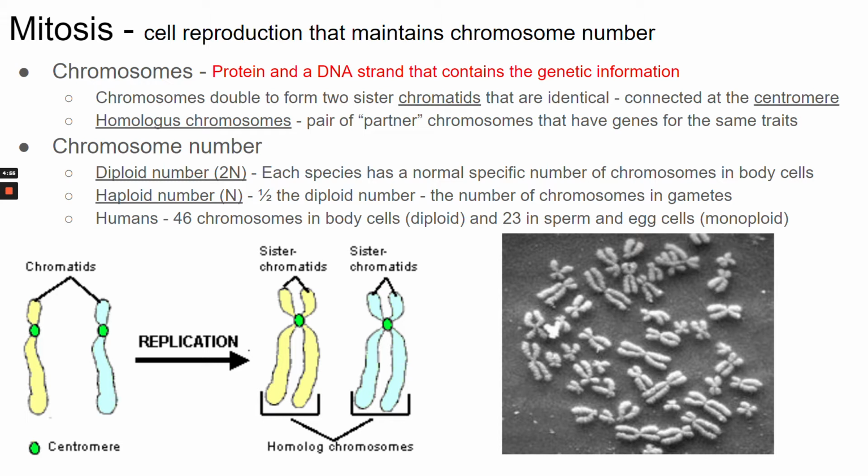Chromosomes also come in pairs. They come in sort of partners that are not necessarily identical. We call those homologous chromosomes, right? They're partners. So they have genes for the same traits. For example, here on this chromosome, maybe there's a gene for your eye color, right?